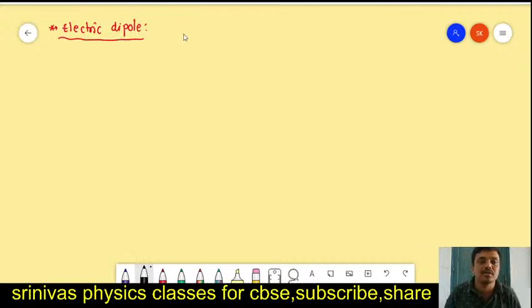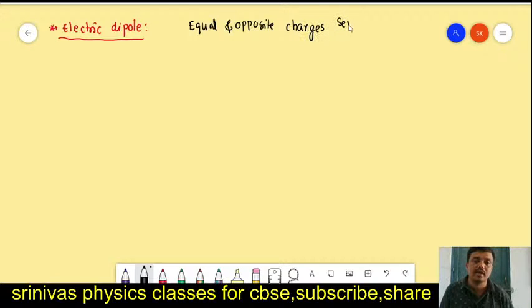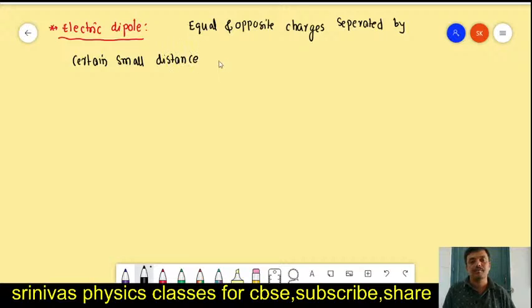Two equal and opposite charges separated by a certain small distance is called an electric dipole.